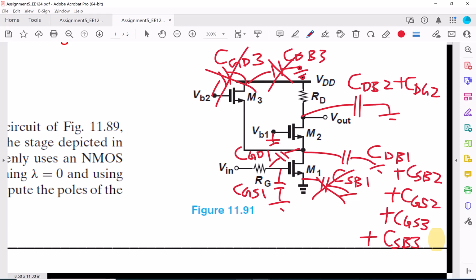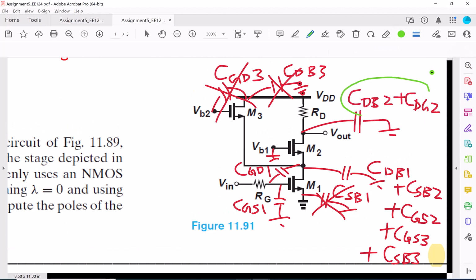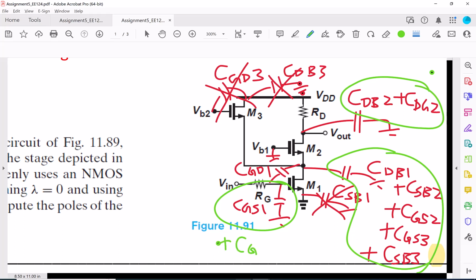I have 3 nodes if I look at this carefully: capacitor 1, 2, and 3, 3 groups. But then I have the CGD1. How should I treat it? Parallel plus CGD1 times what? Actually, what do you mean by parallel? 1 minus A. And then what else?